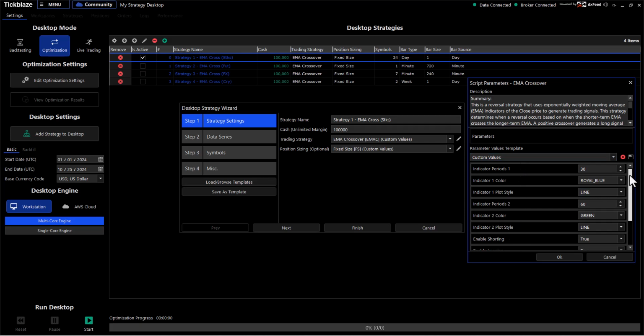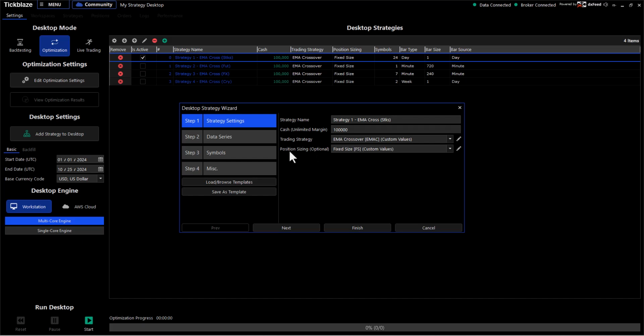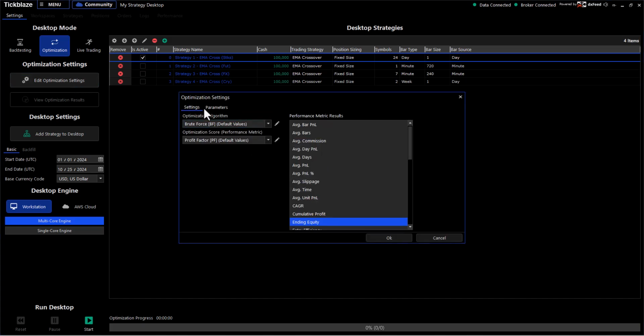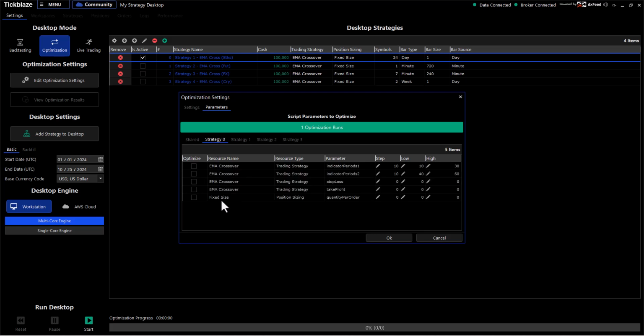Whatever is in the strategy script is what you're able to optimize for. So in this example, you could optimize for the periods, the stop losses and take profit. You could also optimize for the position sizing. So just something to keep in mind: whatever you see here is because those are the variables that are available in the strategy script.